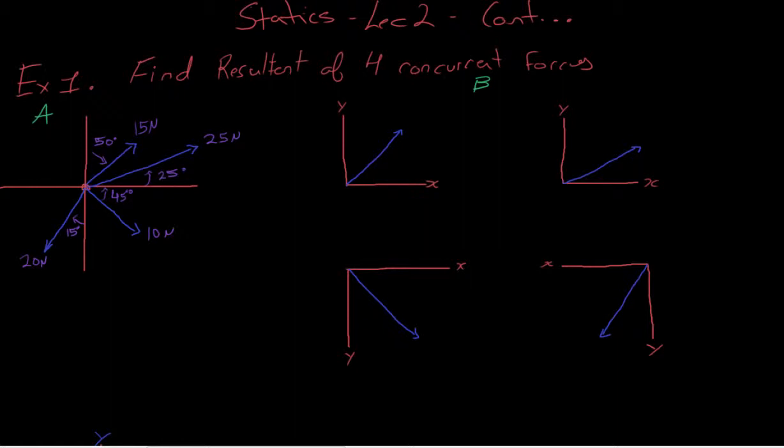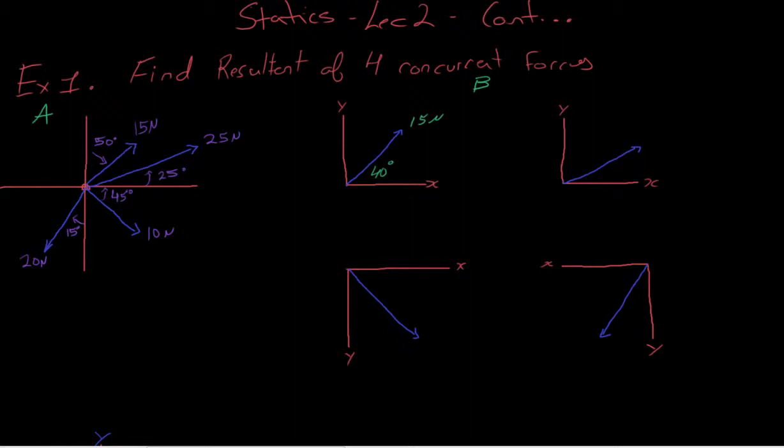So this is the first one with 15 newtons. It's 50 degrees from here. Whenever we're finding the components, we should always take it, or we must take it, from the x-axis, not the y. This one gives us 50 degrees from the y, so from the x it would be 40 degrees.